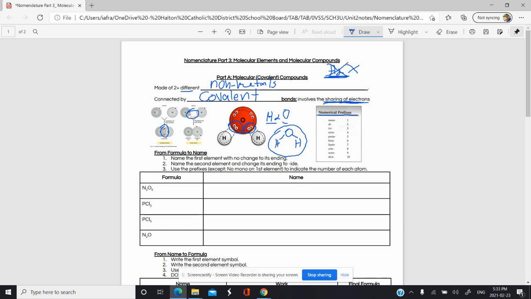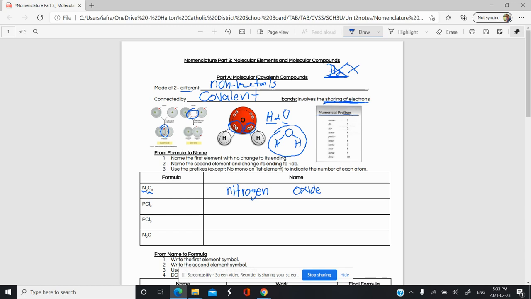And so what we do is we name the first element without changing it. So the first element in this compound is nitrogen. And then we name the second element, but we change its ending. Oxide. Now, in the case of molecular compounds, you have to use the Greek prefixes to illustrate how many of each of the atoms you have.